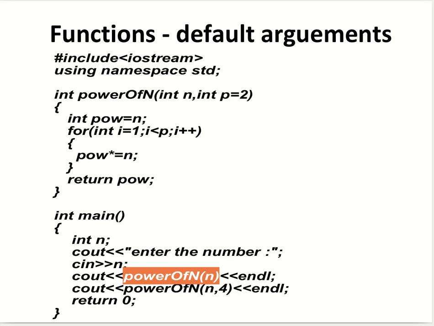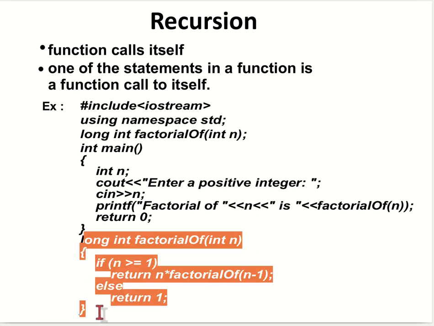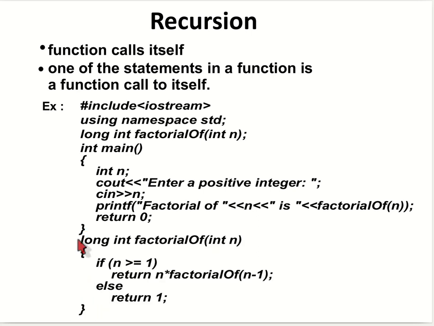And now we need to discuss the next topic, recursion. What is recursion? In its function definition, there is a function call to the same function, meaning the function calls itself. Here you can see the factorial of int n.